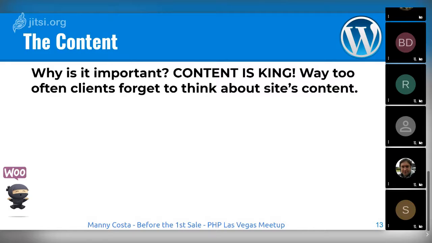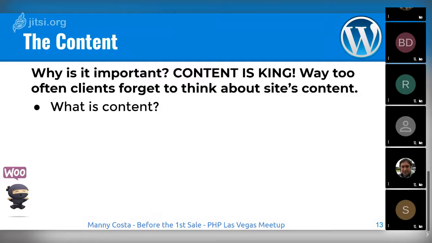This is the number 1 reason the web development projects that I work on get delayed: they don't have the content. So why is it important? Content is king. Way too often clients forget to think about the site's content. That's very, very true.